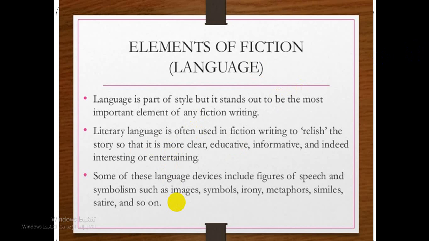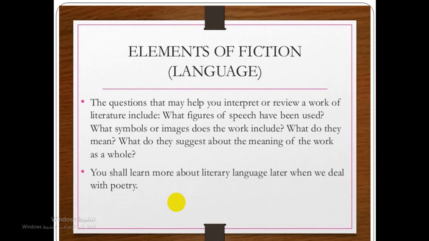Symbolism. What is the definition of a symbol? A symbol is a person, a place, an activity, or an object that stands for something beyond itself. The questions that may help you interpret or review a work of literature such as a short story include: what figures of speech have been used?